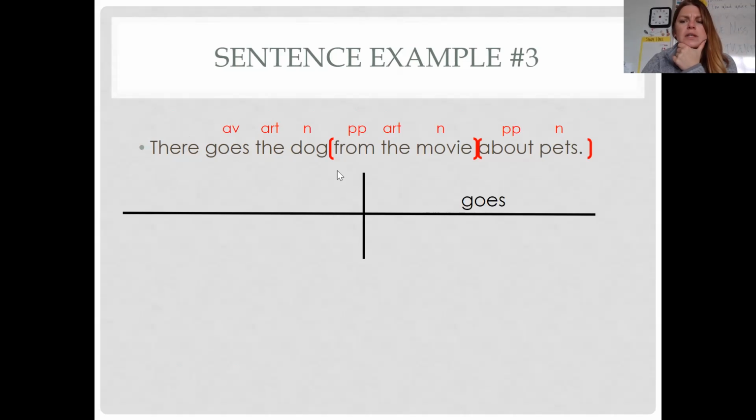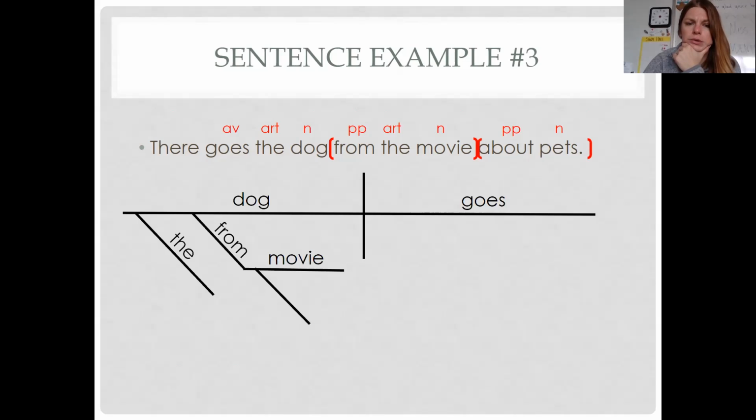Who's going in this sentence? The dog is. And then you still need to add in your modifiers, the dog from the movie. And then "about pets" is modifying. So this prepositional phrase "about pets" is modifying this word movie. Which movie? Movie about pets. Until it goes off of that object of the preposition.